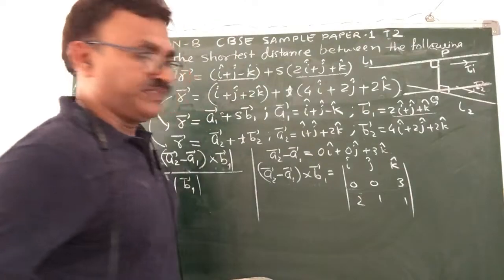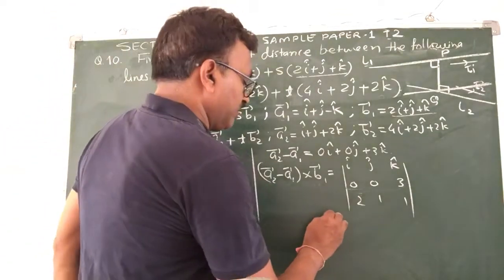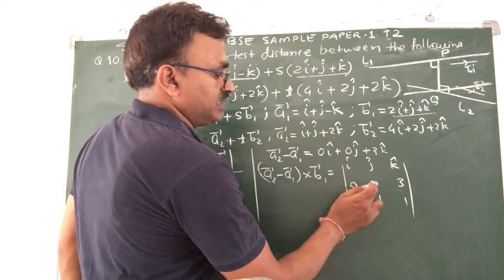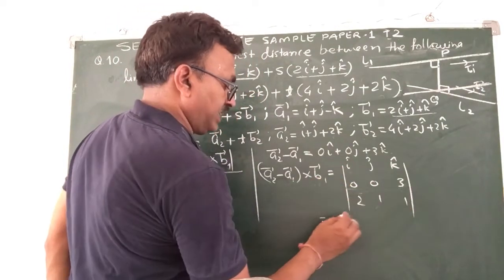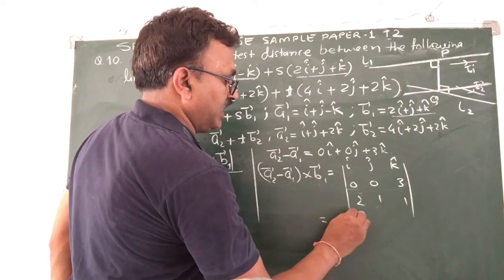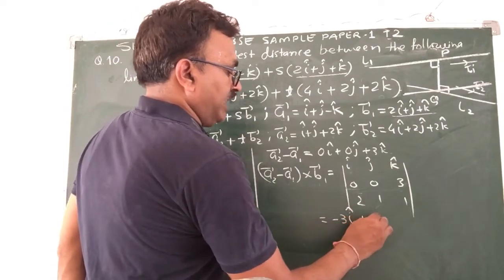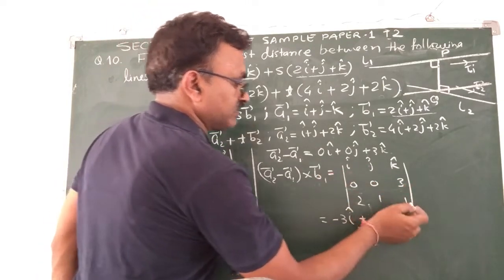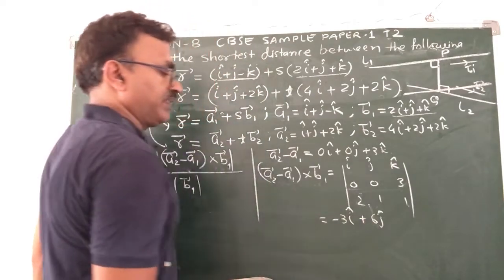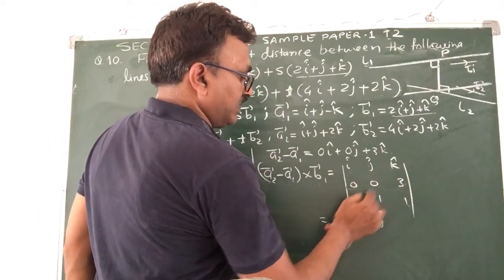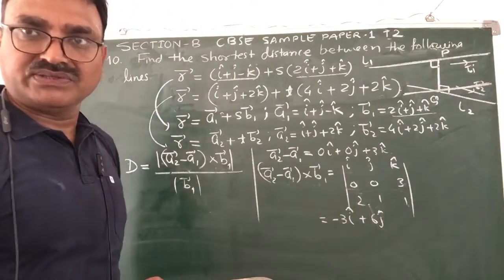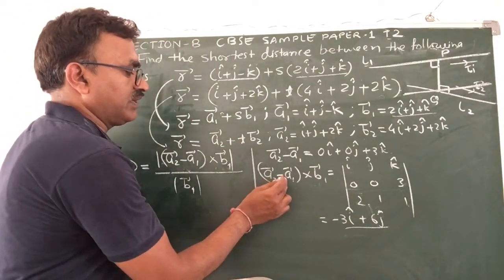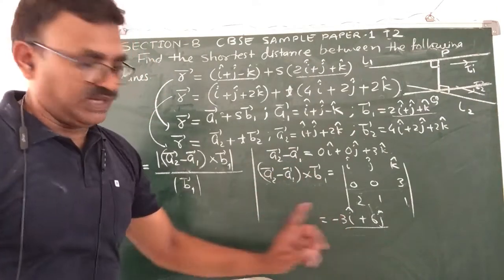Simplifying by the determinant method, the coefficient of i is 0 into 1 minus 3 into 1, which is minus 3i, plus 6j, and the coefficient of k is 0. So this is the a2 minus a1 vector cross product b1 vector.